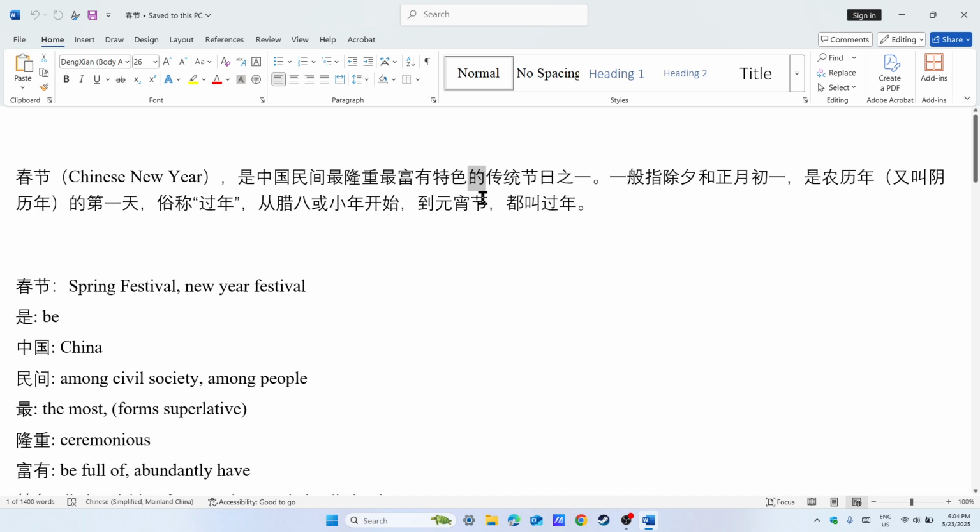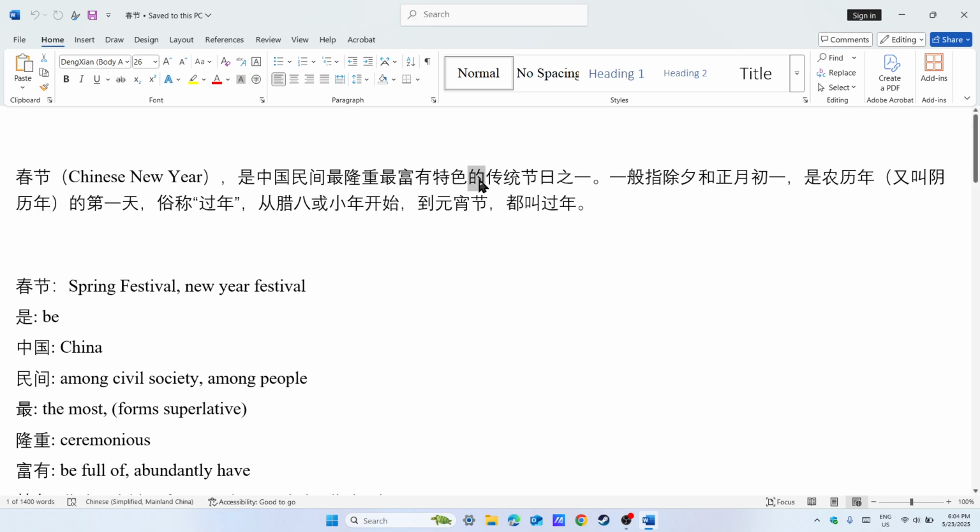In ancient Chinese, this 的 looks like it does not exist. Maybe this 的 is imported from overseas, from English or other languages such as Latin or whatever. This is my guess, and maybe I'm wrong, but maybe this 的 is imported.